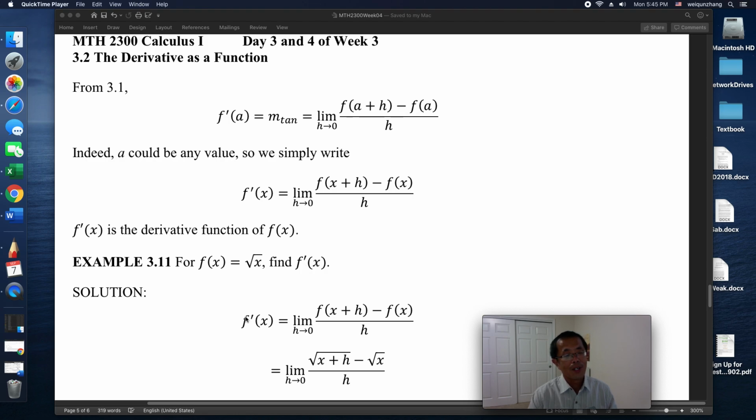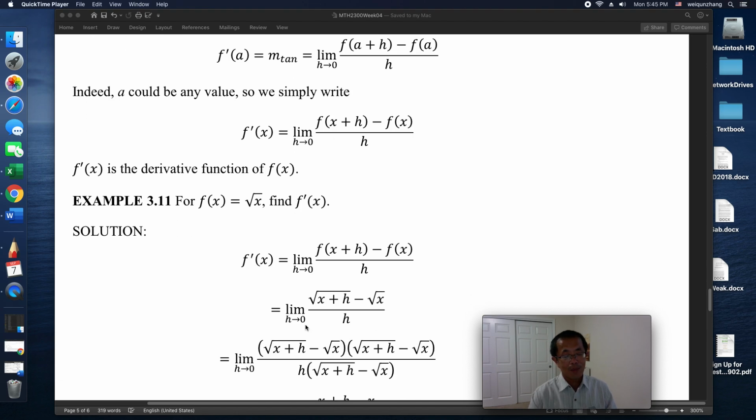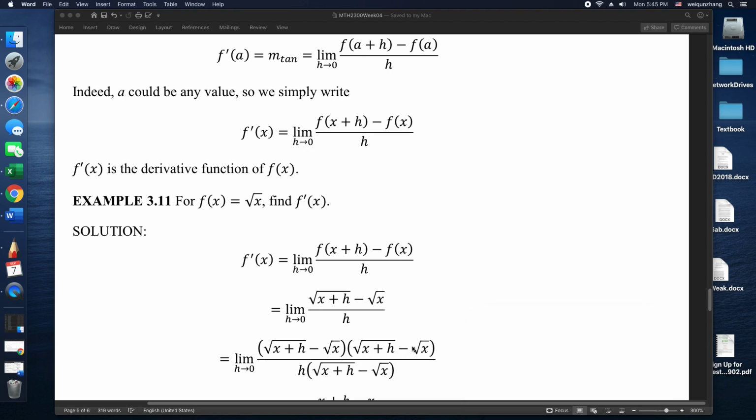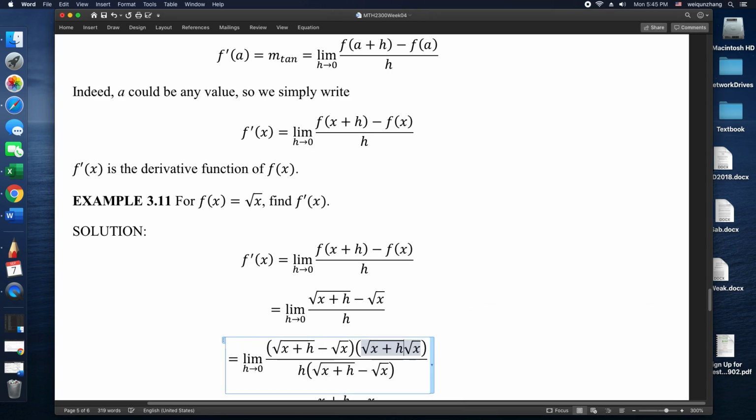So f prime of x, according to the definition, is a limit. And again, for such a limit, you cannot apply direct substitution. Because of the radicals, we consider using the radical conjugate. This is plus, the radical conjugate.